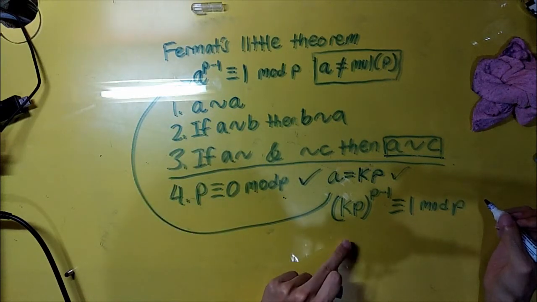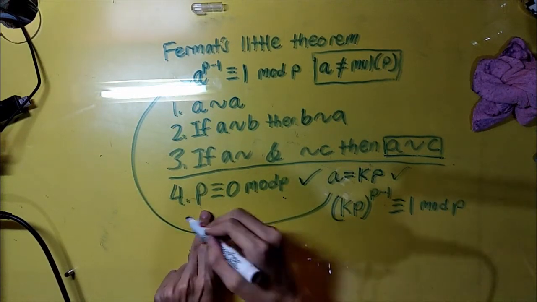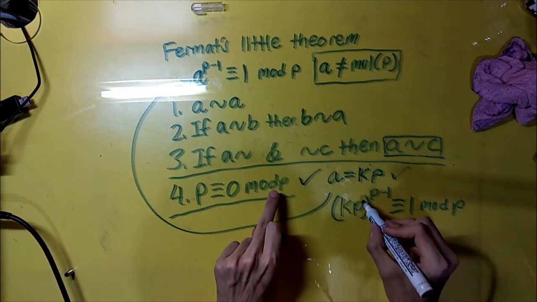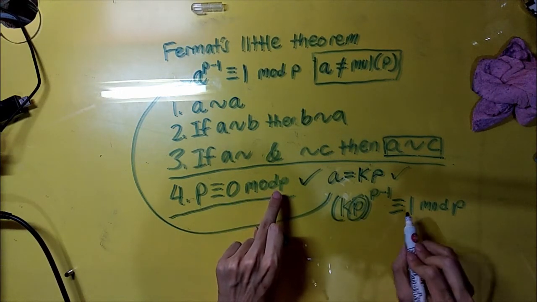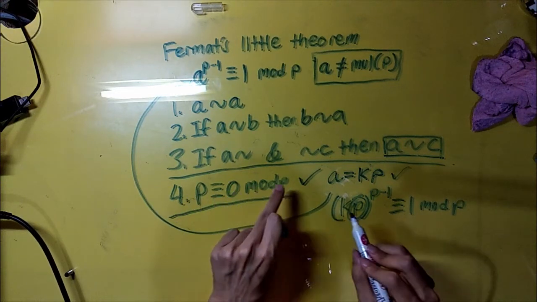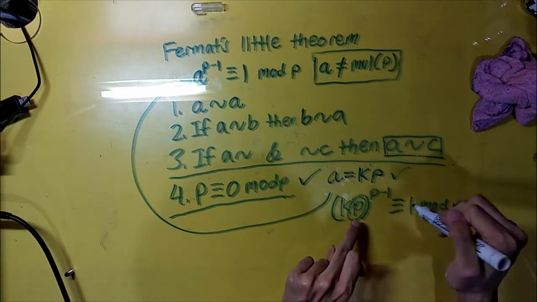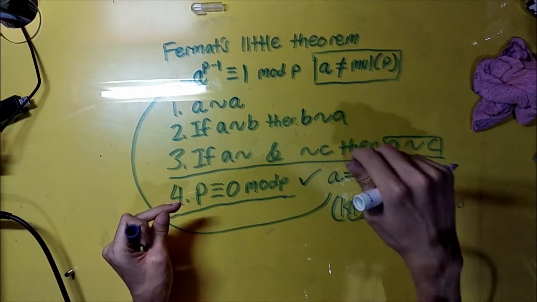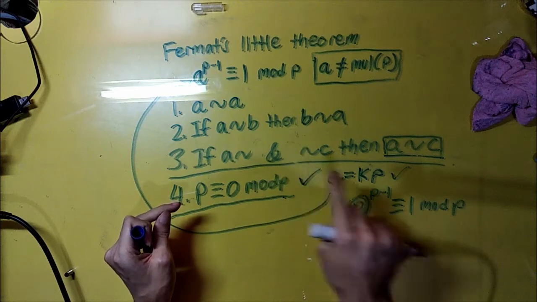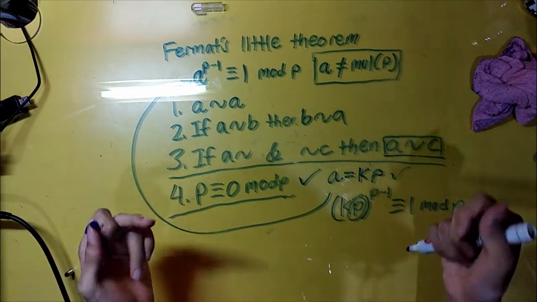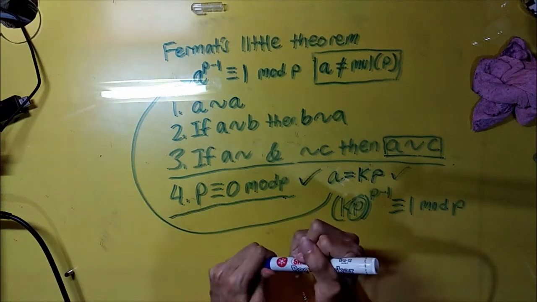Alright. But take a look at this thing. p is congruent to 0 mod p, and we have over here p is congruent to 1 mod p. What can we do? We can get rid of the middleman. The middleman in this case is p. Just like we did before on the previous example, hopefully you haven't forgotten yet.